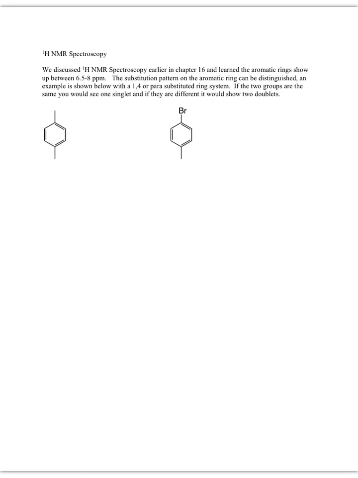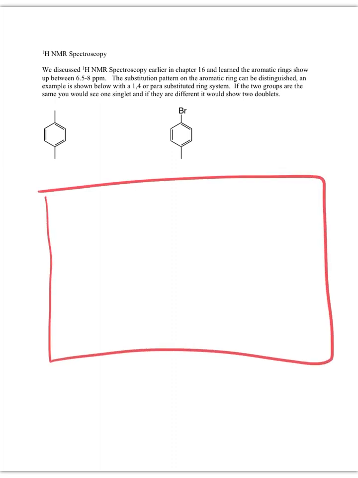So we've talked about NMR spectroscopy back in Org 1 also, and we've done a little bit of it as we've gone along in Org 2. Remember, in an aromatic ring, whatever the hydrogens on the ring, the integration for that region between 6.5 and 8 tells you what kind of aromatic ring it is.